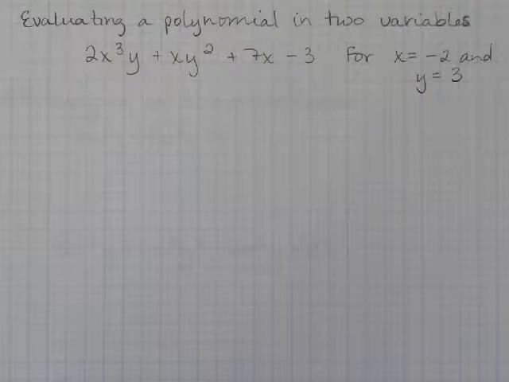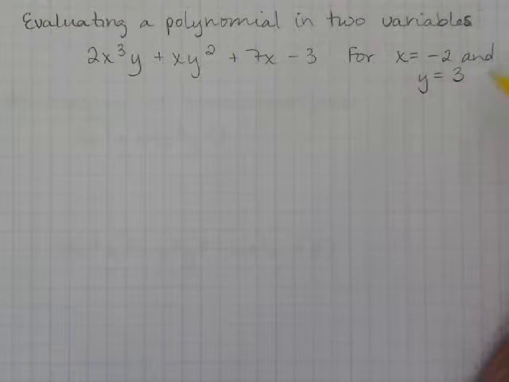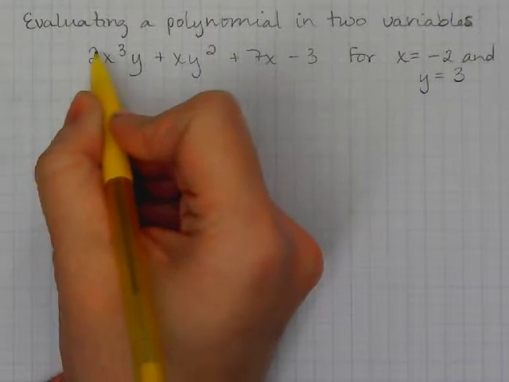-2 to the third, 3 for y. Jake, you with us? Drop down my plus sign. -2 for x. 3 squared. So I just put in the 3 for the y and then brought down the squared. Plus 7.